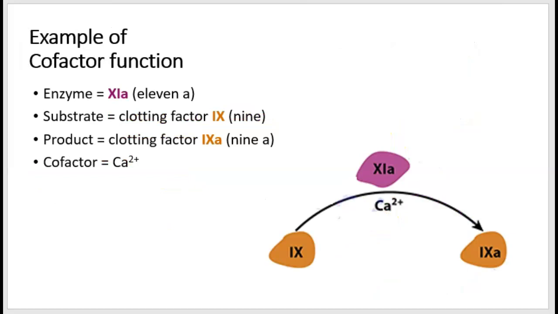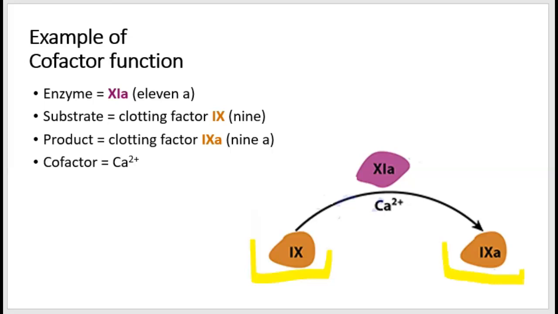Here's an example of cofactors functioning to help enzymes. It occurs in blood clotting. So in your plasma you have several clotting factors. One of them is clotting factor number 9, and it eventually is going to help the whole process of a clot form. And one of the reactions that happens to form a clot is that this clotting factor 9 has to be activated.